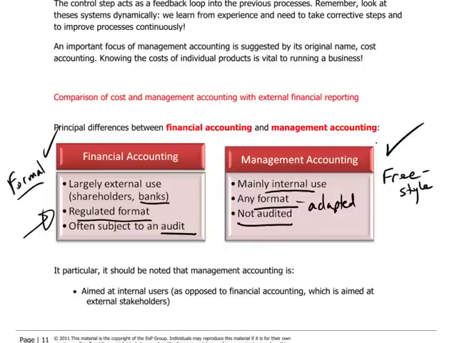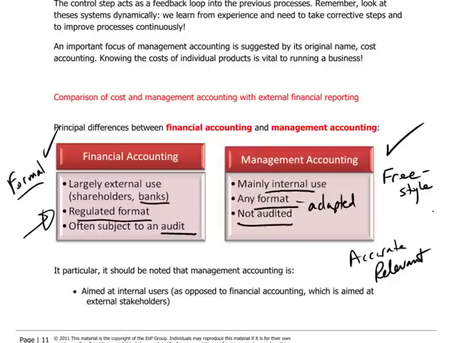What's important here with management accounting, the information that goes in, is that it should be accurate and it should be relevant to the needs of the business. A company is not obliged to keep management accounting reports. However, it's advisable that they do.